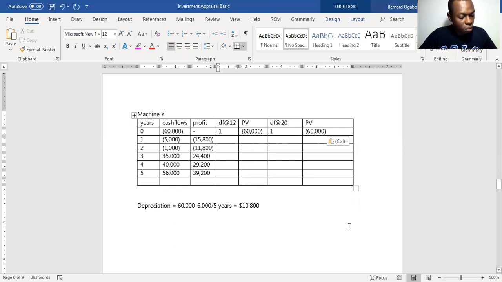So go back again to our discount factor table.